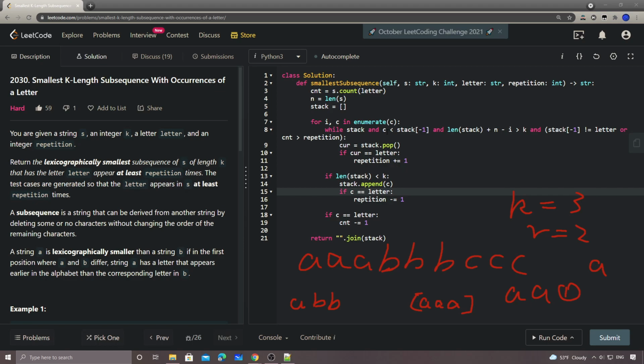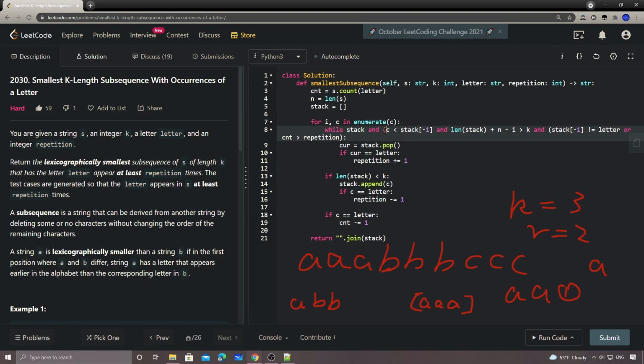So I think what we can do is something like this. We have to do a parenthesis of this one and then a bigger one here. This one is going to be an or. Or k minus the length of the stack is smaller than the repetition, right? So basically, if there's not enough space for us to place all the repetitions, then we just pop.